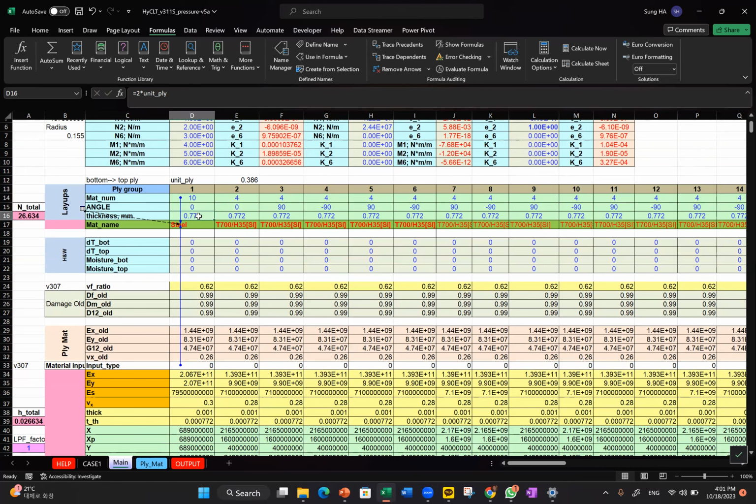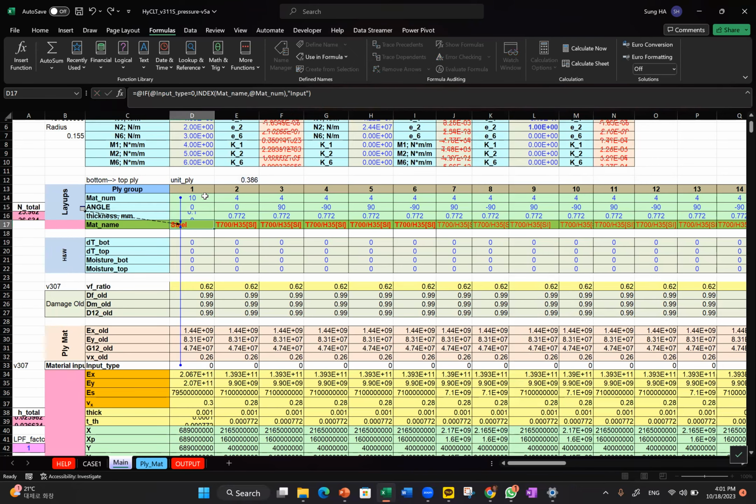And now the third one is the material thickness. For convenience, we defined the unit ply as 0.3386, and then it happened to be twice. Or you can just enter whatever you want to enter, say 0.1.